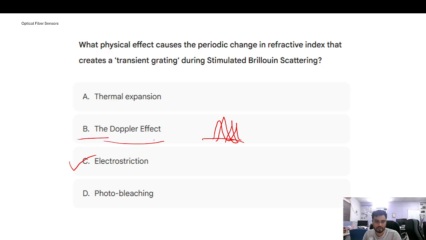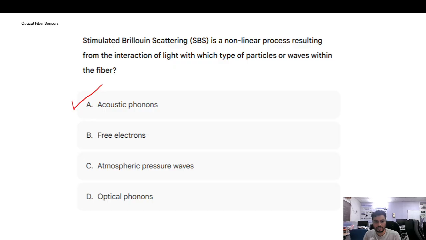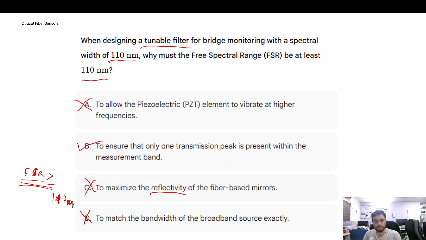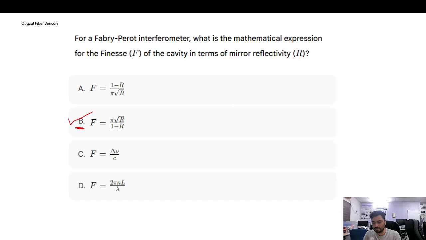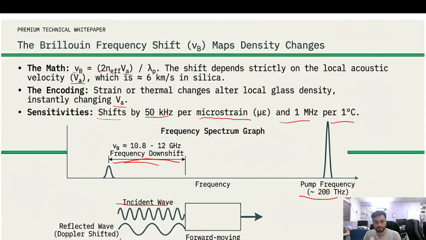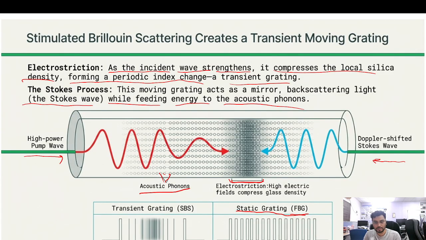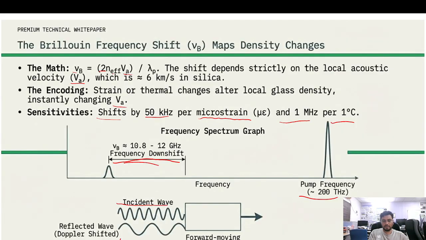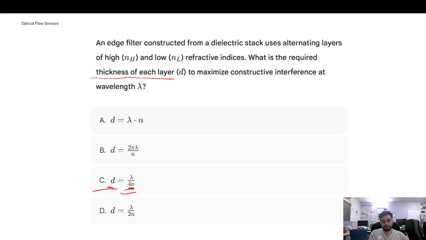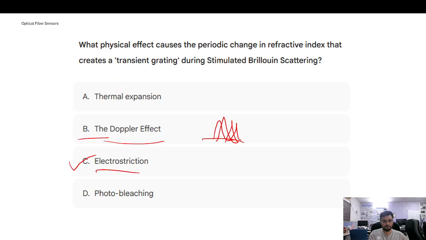So this is not correct. Electrostriction, I already discussed this. A high electric field creates a moving standing wave pattern that changes the material density. Here you can see electrostriction, and because of that this transient grating occurs instead of a static grating. So the correct answer is electrostriction.